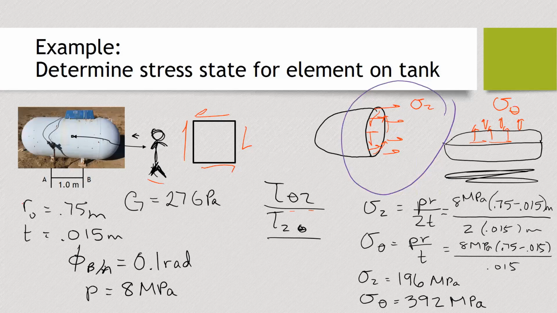How do we get from the rotation to the shear stress? Can we go directly, or do we need an intermediate step? We do need to know J. Yep, that's one of the things we need to figure out. So we could start with that.